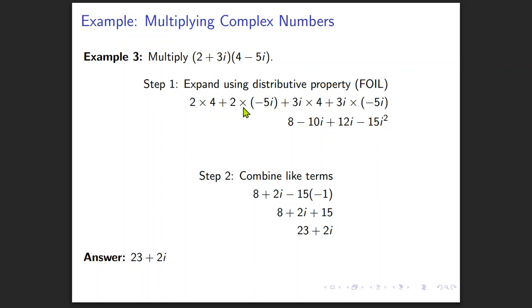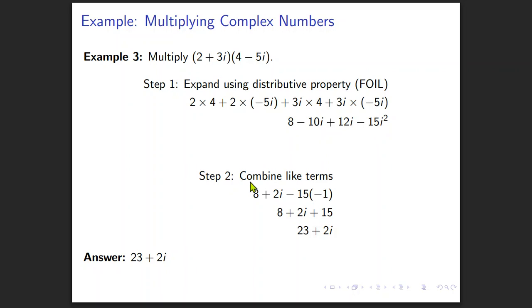2 times 4, plus 2 times the other term, plus 3i times the terms, exactly what is happening here. So when you compute that, you will have 8 minus 10i plus 12i minus 15i squared. Remember that i squared was minus 1.